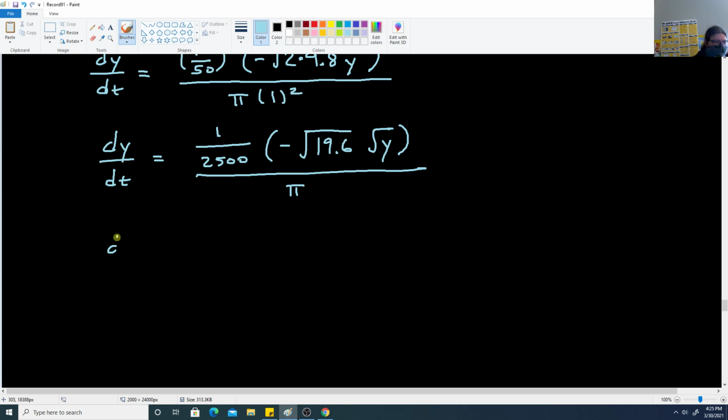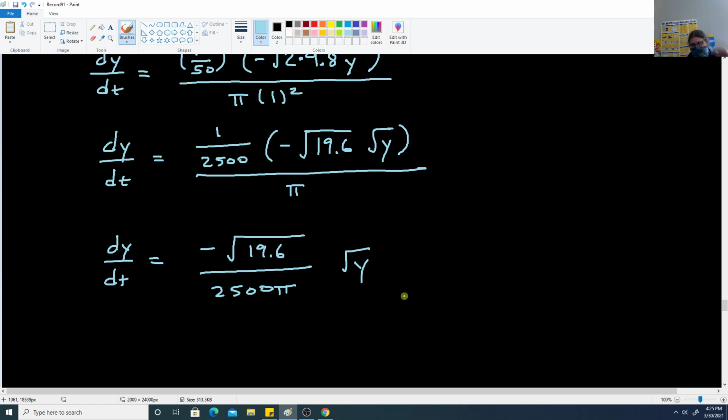Whenever you have a fraction in the top, you can push the bottom of the top fraction down below. So what we really have is negative square root of 19.6 divided by 2,500 pi, and then we have square root of y off here.